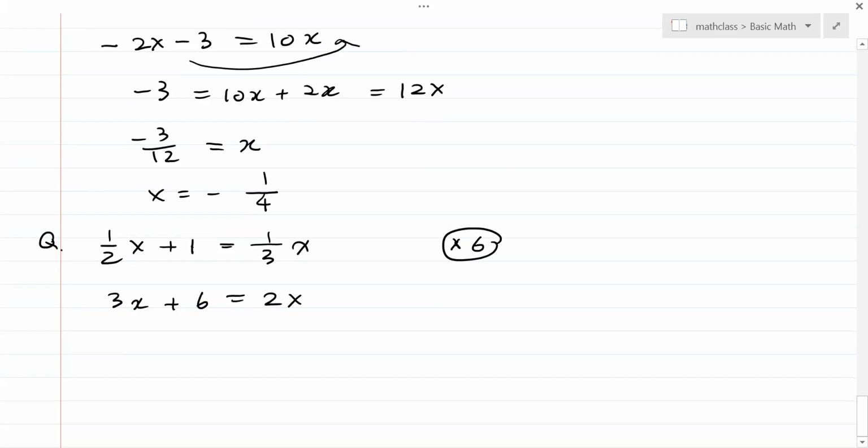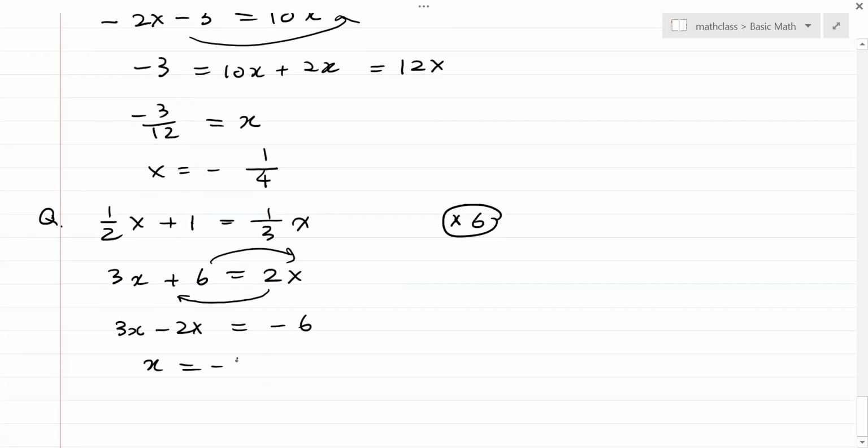Michael, you did it too fast. Okay, then -2x, you can move this, right? So -2x, and then you have to move 6 over to the right hand side, change the sign. Okay, then you get x over negative 6.